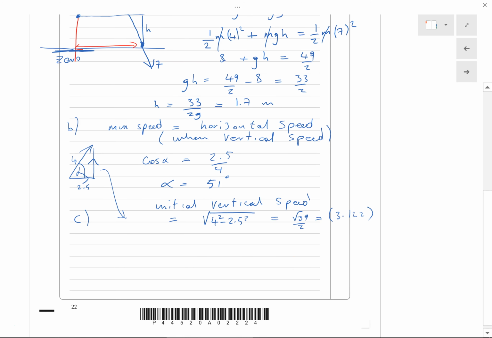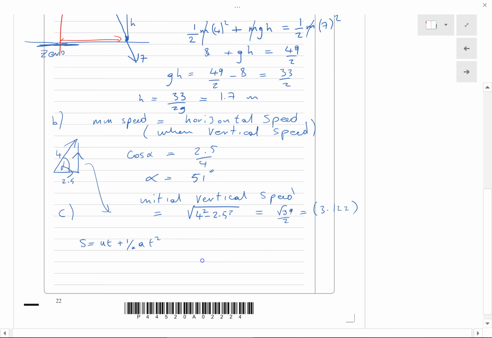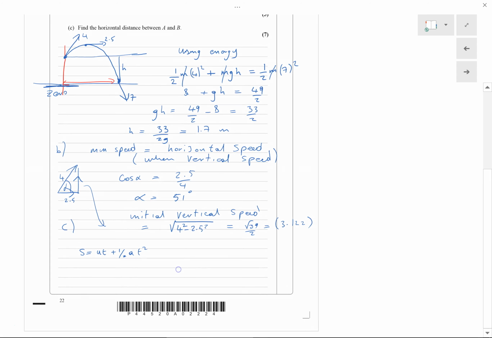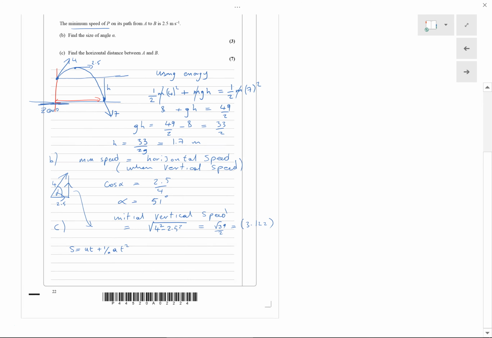So I'm going to use s equals ut plus half at squared. We know that it's gone below the point of projection here. So we need that to be minus 33 over 2g, that's usually the exact one, is equal to ut.